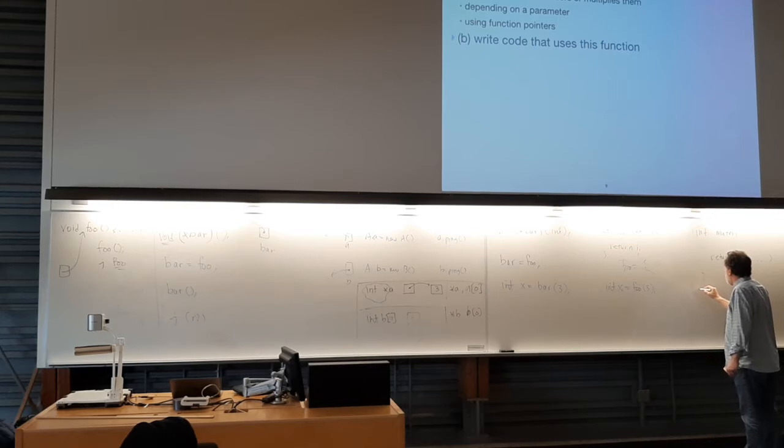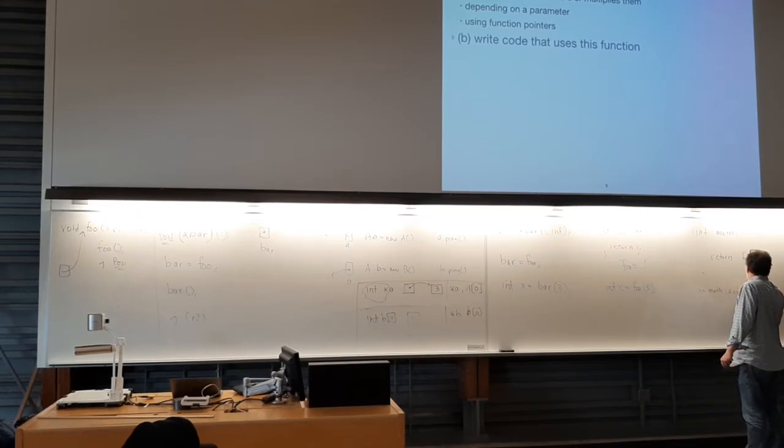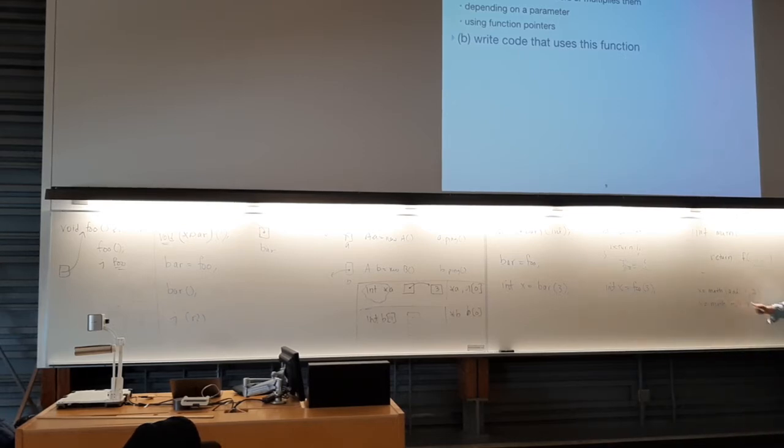I'm going to be able to say x equals math of add, 1, 2, or x equals math of mult, 3, 4, and so on, where these are named statically declared procedures. So the operation it does is a parameter just like the values are parameters. Okay, so write the code for this.